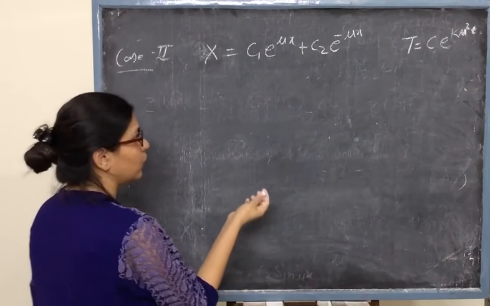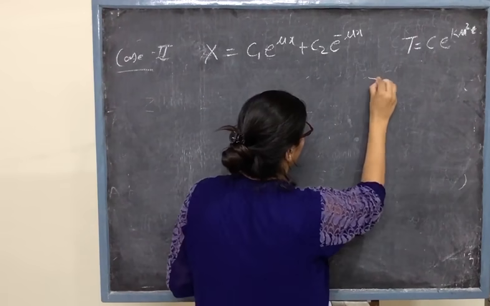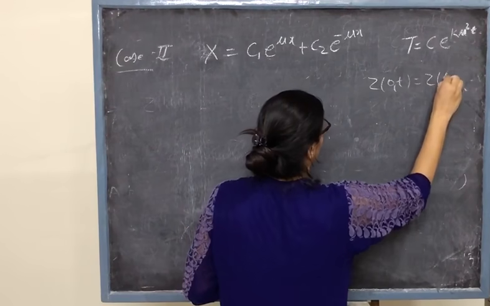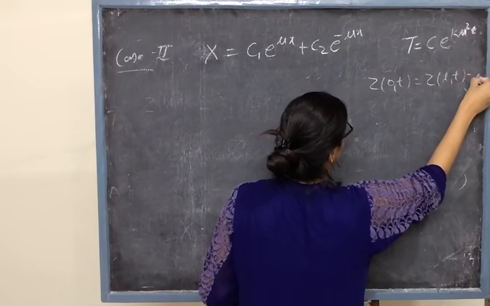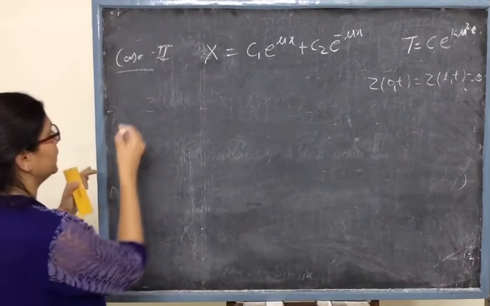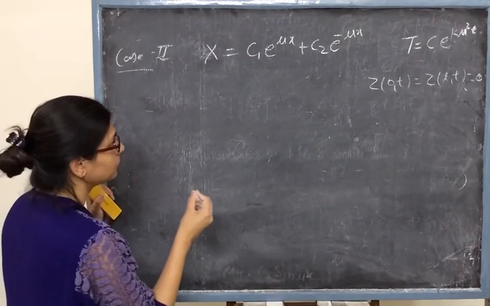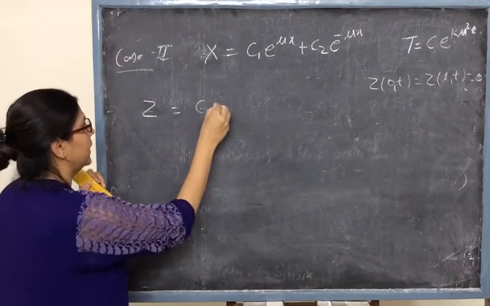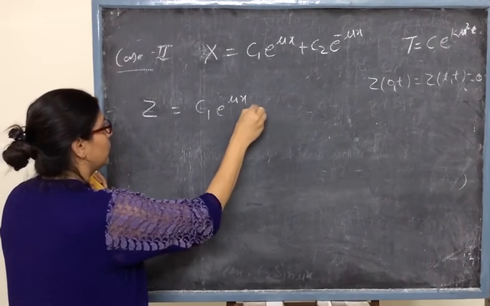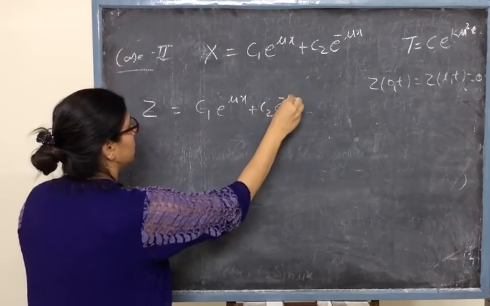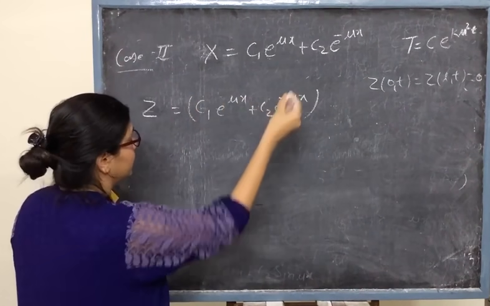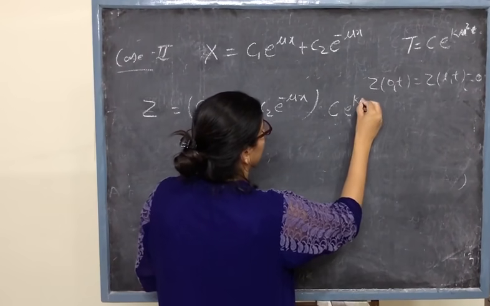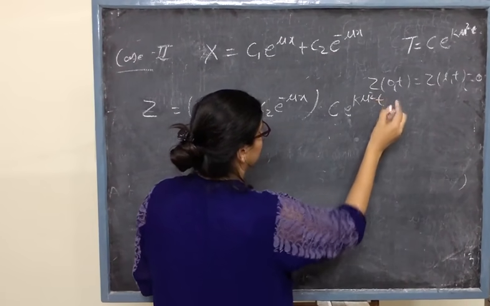Now applying the boundary conditions again. What are our boundary conditions? Z of 0, t equals z of L, t equals 0. First of all, z is c1 e raised to the power mu x plus c2 e raised to the power minus mu x, and t is the same, c e raised to the power k mu square t.